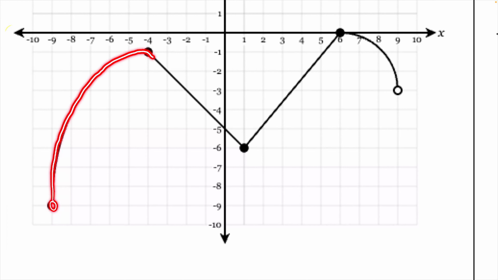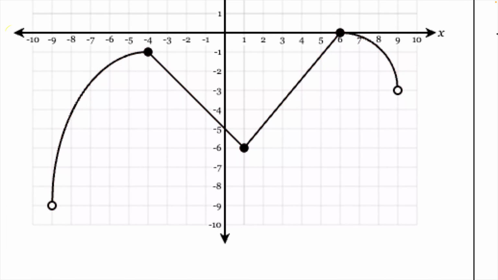So far I'm below the x-axis. I'm getting closer. I go here, and then I go there. Did I ever go above the x-axis? No. I touched it, but I never went above. So there is no positive interval.